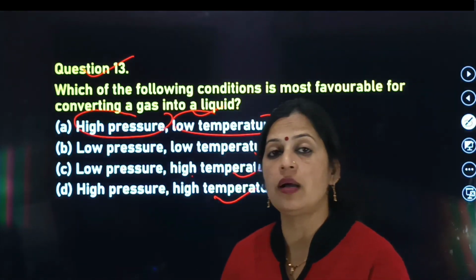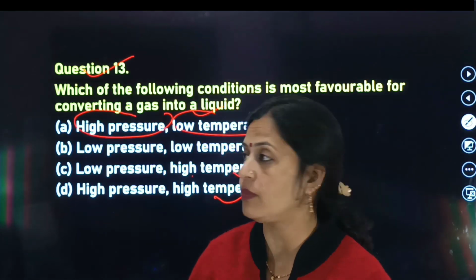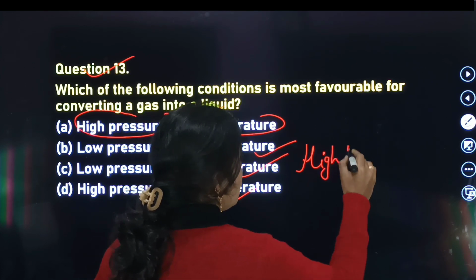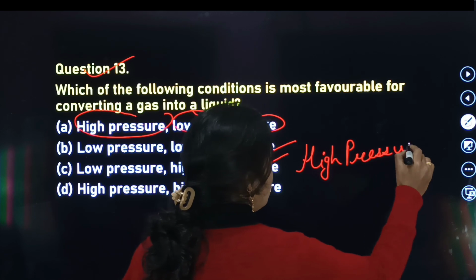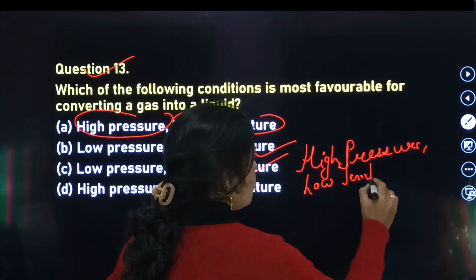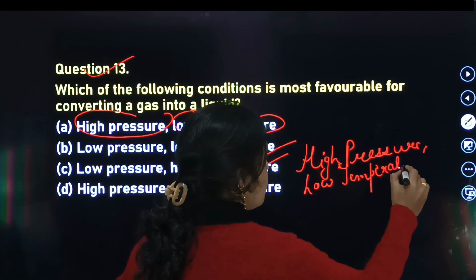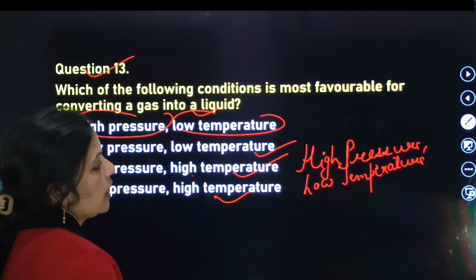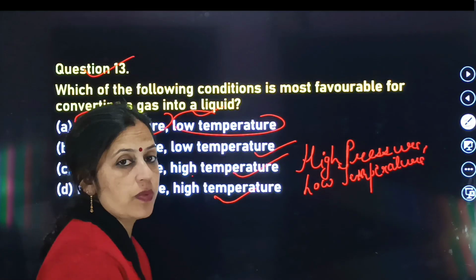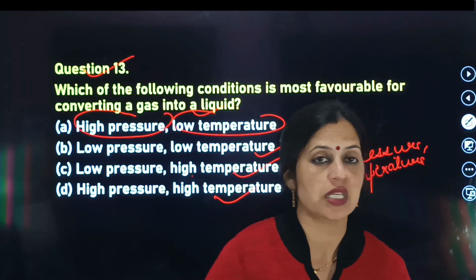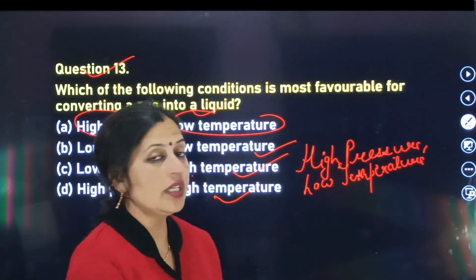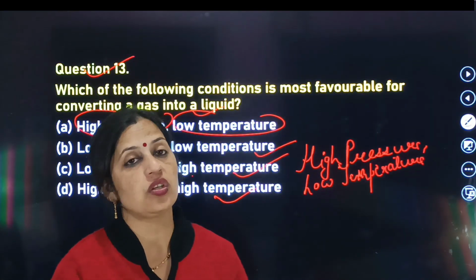तो जिन कंडीशंस पर हम गैसेस को डायरेक्टली कन्वर्ट कर सकते हैं लिक्विड स्टेट में, वो है आपकी हाई प्रेशर एंड लो टेम्परेचर. जितना ज्यादा आपका हाई प्रेशर होगा और जितना लो टेम्परेचर होगा, उन कंडीशंस पर हम इजिली गैसेस को कन्वर्ट कर सकते हैं लिक्विड स्टेट में. दैट मींस अंडर दीज टू कंडीशंस, दैट इज हाई प्रेशर एंड लो टेम्परेचर, we can easily convert the gases into the liquid state.